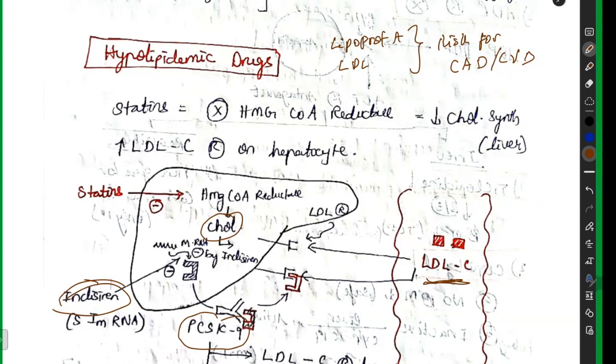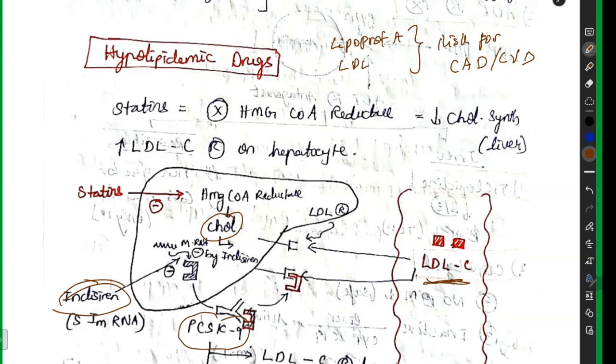Or you can use inclisiran, which helps by inhibiting the protein synthesis of this PCSK9 receptor. That can be prevented.